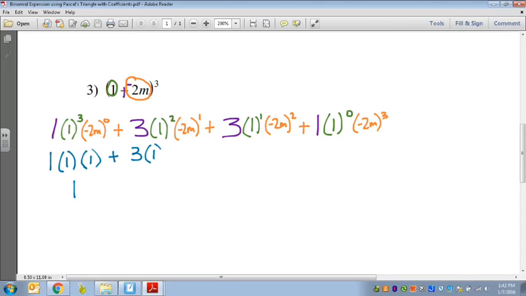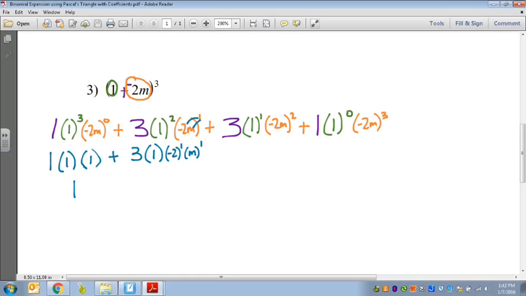All right, the second term, we have a 3. 1 squared is 1. Then, here's where it gets interesting. The exponent on that term, negative 2m to the first, applies to the coefficient, the number in front, and the variable. So the exponent applies to the negative 2 and to the m. So what I write is negative 2 to the first power and m to the first power.